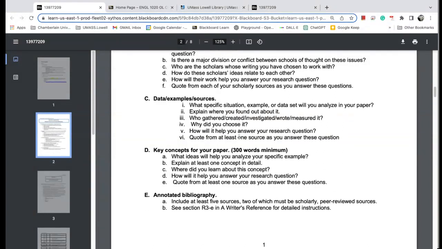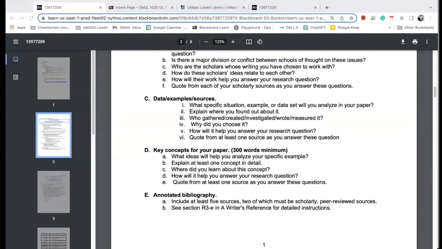All right, key concepts for your paper. Concepts are the broad things. So what are some of the issues I'm going to deal with for my subject? The concepts are going to be like the value of higher education, the writing process, what learning is, the future of work, whatever. These are all broad ideas, right?